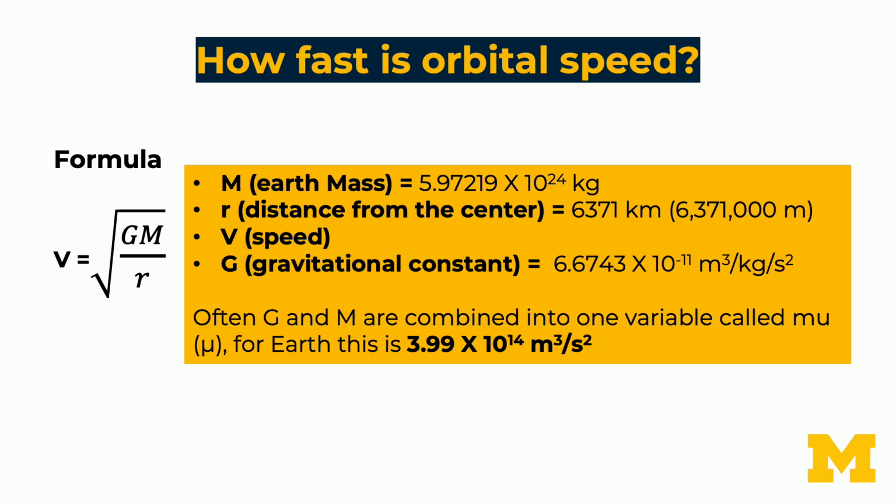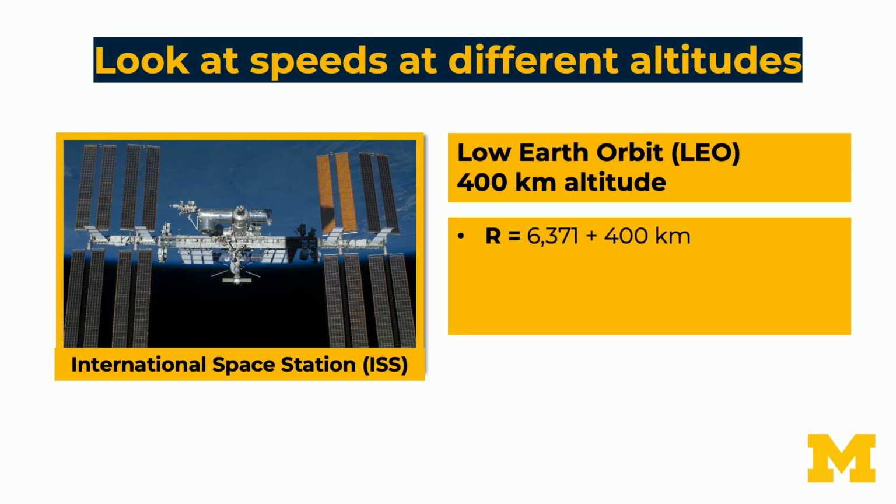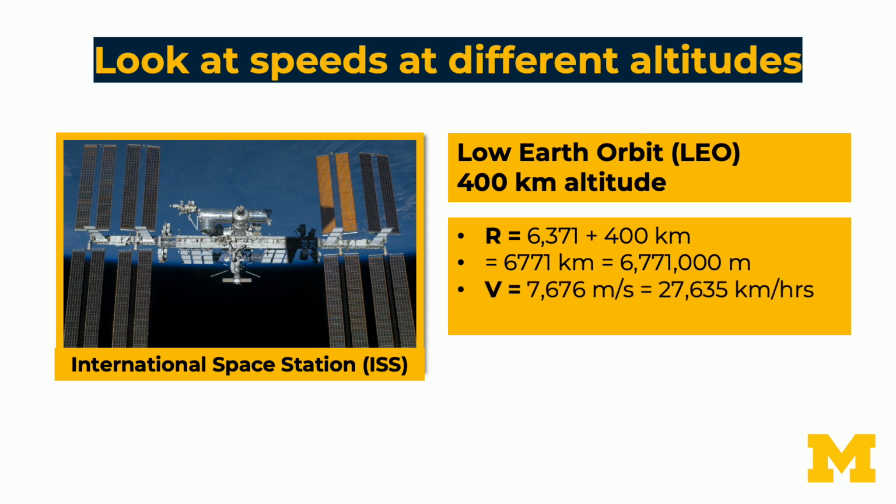So if you plug in some numbers into this equation, what you get is that the radius is equal to 6371, which is the radius of the Earth in kilometers, plus 400 kilometers, which is low Earth orbit. That's where the International Space Station is. And that is 6,771 kilometers, or 6,771,000 meters.